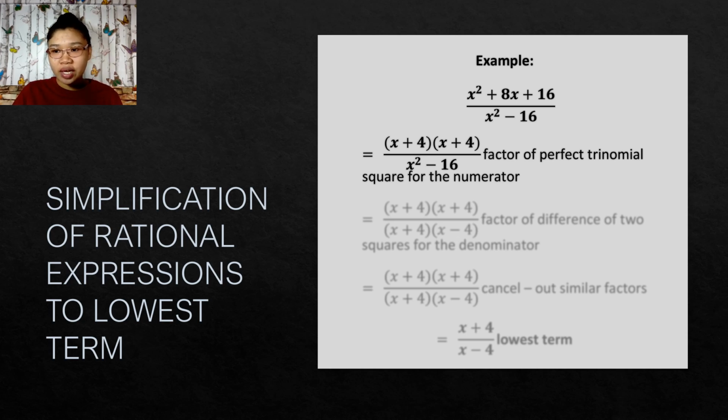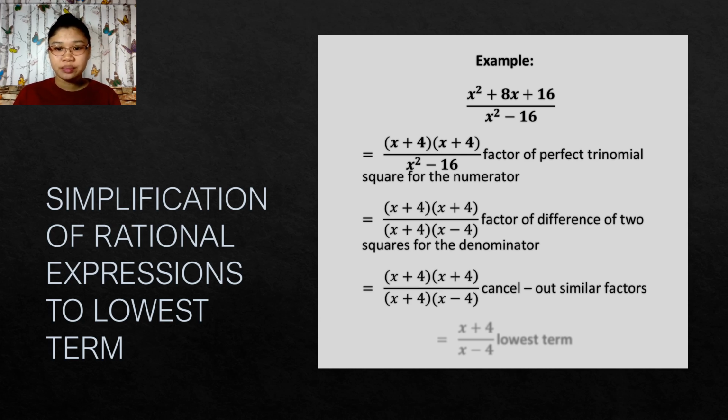Next, please don't forget to write the denominator even if you are factoring the numerator only. And then we factor the denominator. Our denominator is a difference of two squares wherein the factor is x plus 4 multiplied by x minus 4. So we now do the canceling of similar factors. The similar factor here is x plus 4.